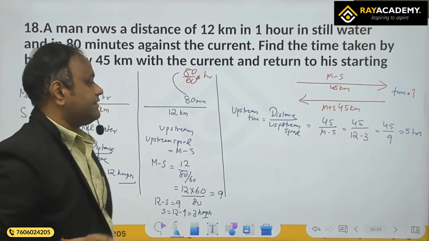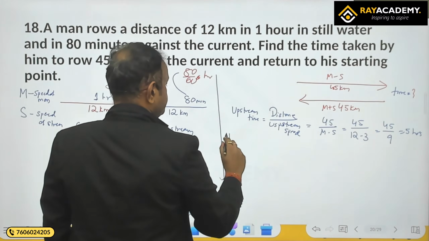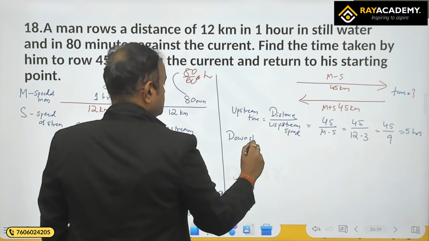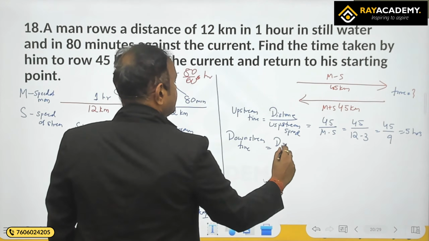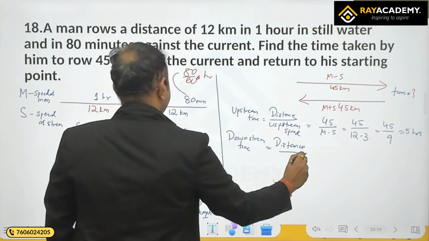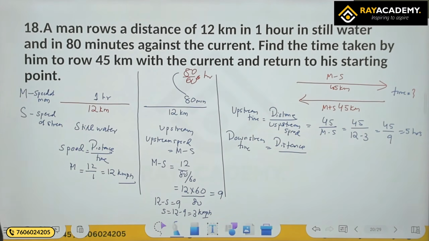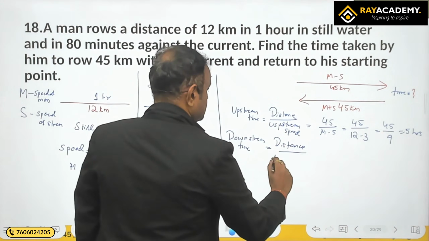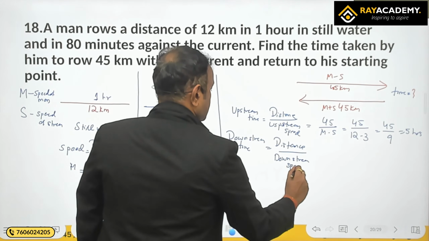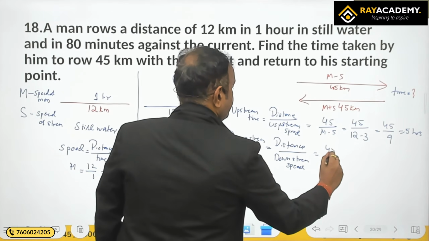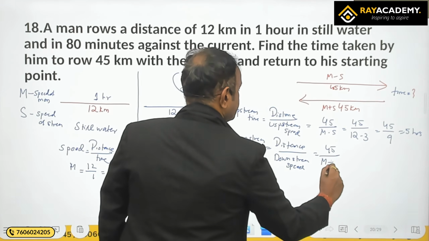Okay, next thing is downstream time. Downstream time is again distance divided by downstream speed. What is the distance? Distance is 45. Downstream speed will be m plus s.